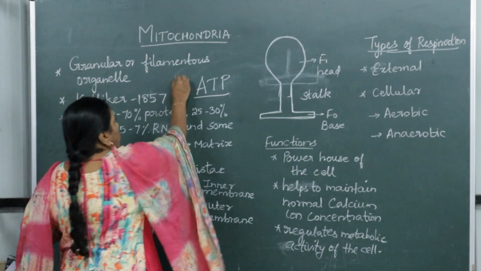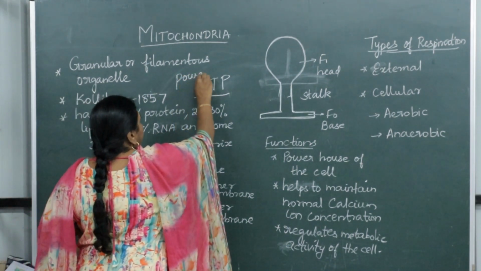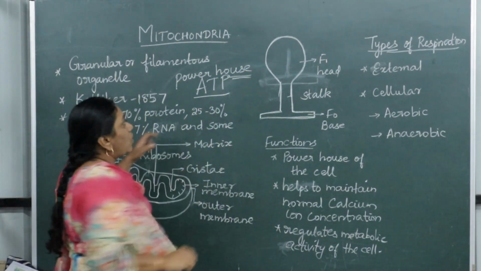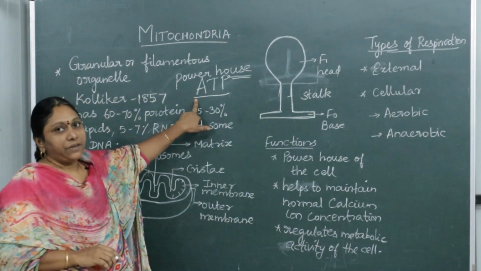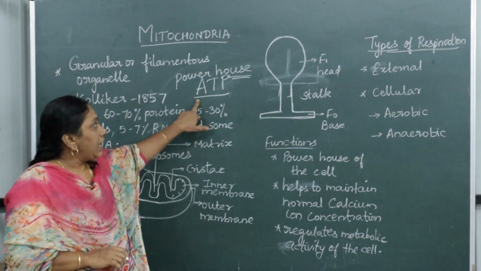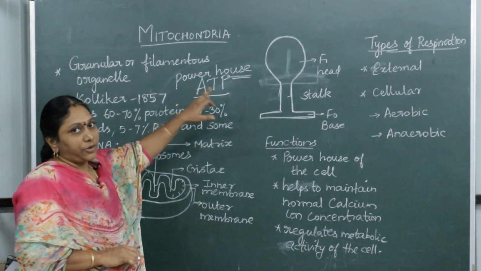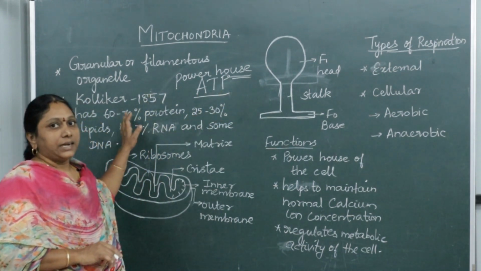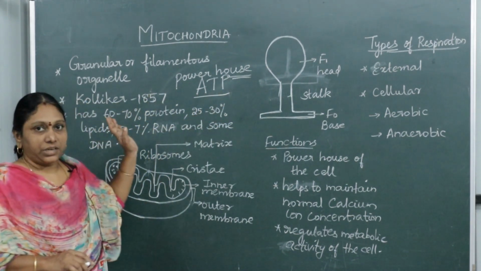That is why mitochondria is called the powerhouse of the cell, because it is involved in the synthesis of ATP, which is nothing but energy currency. The full form of ATP is adenosine triphosphate. So this is regarding the introduction to mitochondria.